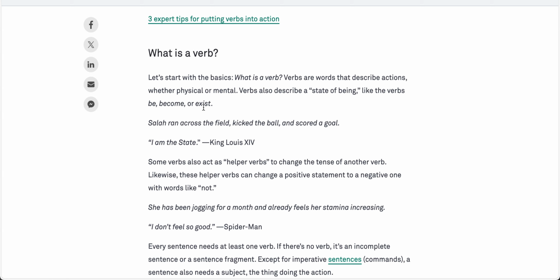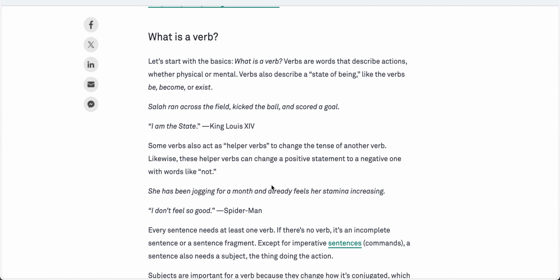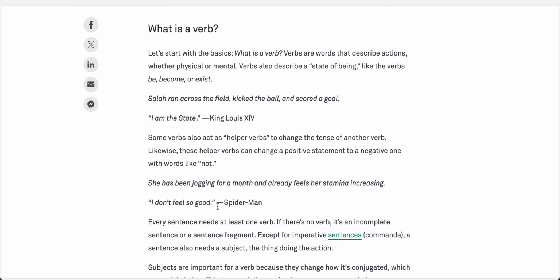I am. So "I am" is the state of being verb. Or, Salah ran across the field, kicked the ball, scored a goal. This is performing a physical action. Or, I don't feel so good. There's a mental action there.